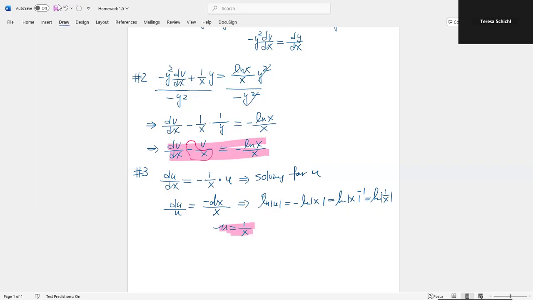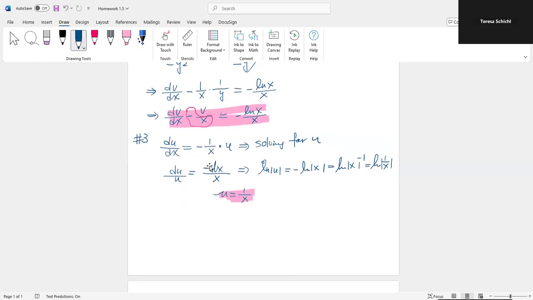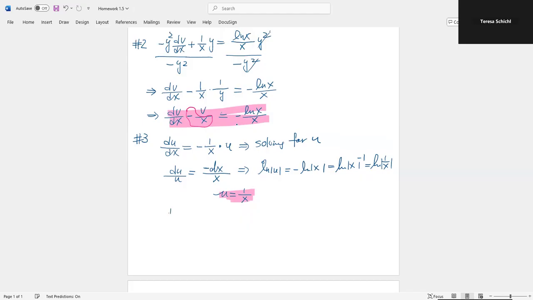So what is the next step? Next step is we need to multiply this integrating factor back into my equation here, this purple one. So I will have 1 over x dv/dx minus v over x squared is equal to negative ln x over x squared. I multiply by 1 over x on both sides.